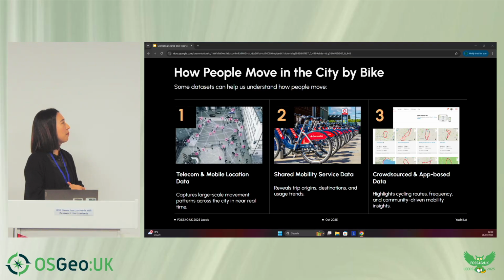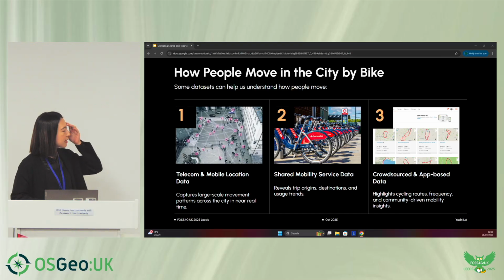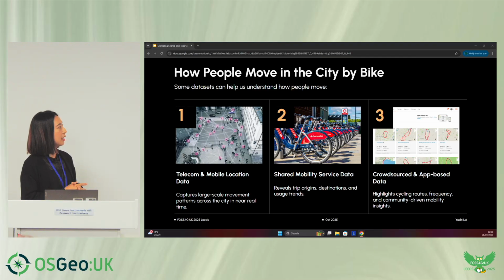When we talk about movement data, there are several data sets that we can use. The first one, telecom location data, helps us understand the bigger scale of movement in the city. Then shared mobility service data, such as in London, TfL Santander bikes, and also Lime bikes and Forest bikes.